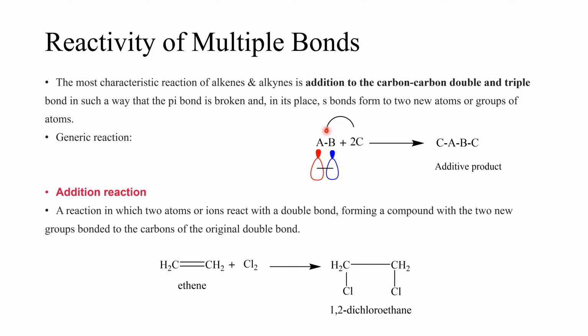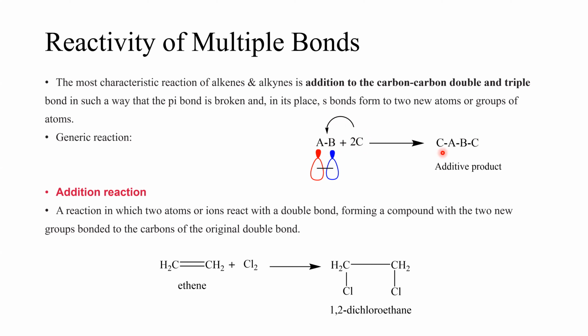So don't confuse it with that arrow, though in mechanism that arrow means that we have to show which is the donor, which is the electron source, and where it is adding, right? In this generic expression, this arrow direction is just giving you the idea that these two atoms of C will add up to a B molecule, right?